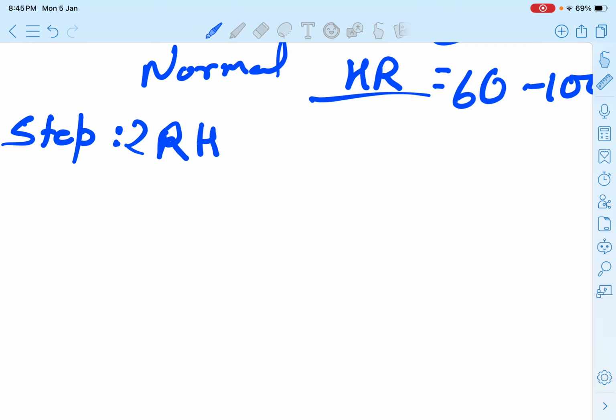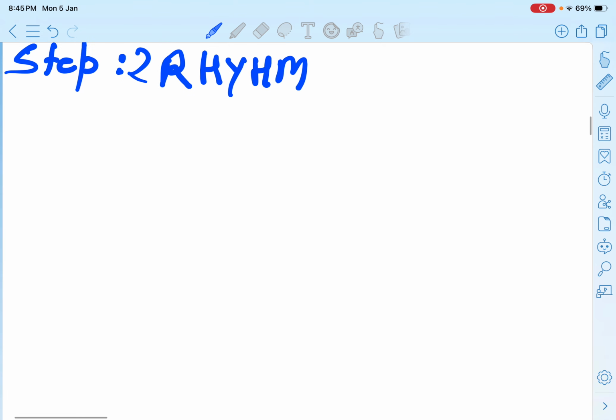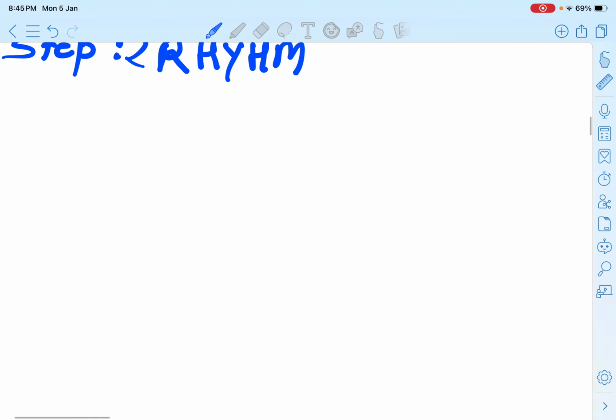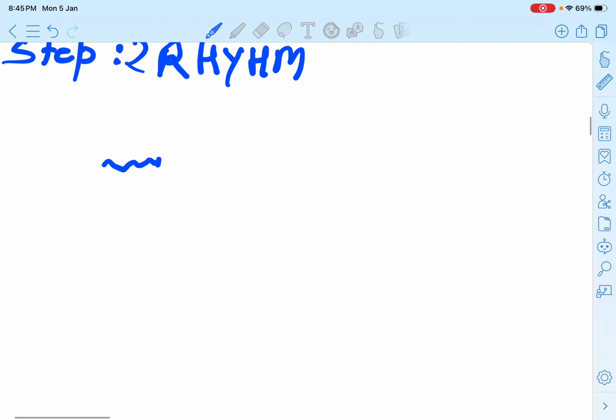Now we will study about the rhythm in second step. Second, rhythm. What is rhythm? If the distance between R wave and R wave is equal, that is regular. If unequal, this is irregular. These are the rhythms that are represented in the electrocardiogram graph. Now check the rhythm.